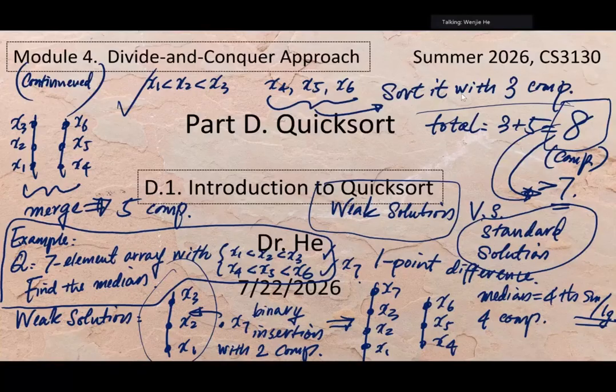The first step you need 2, the second step you need 4, total 2 plus 4, 6 comparisons. So with this weak solution, you use 6 comparisons. Then the strong solution: now you need to improve, so your target is to use 5 comparisons to find the solution. That's the strong solution.